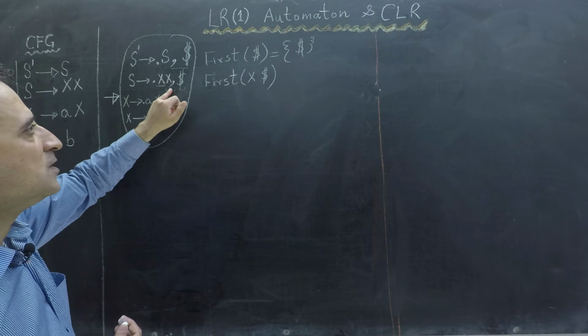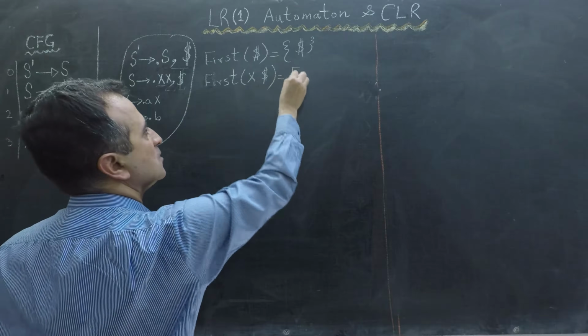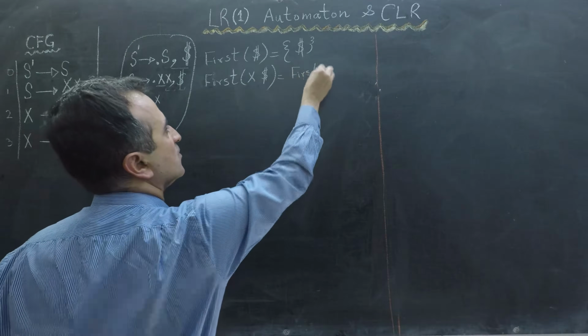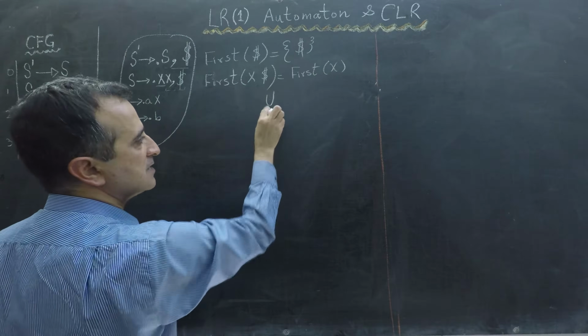So first of X and $ is equal to first of X union, and this union is conditional.